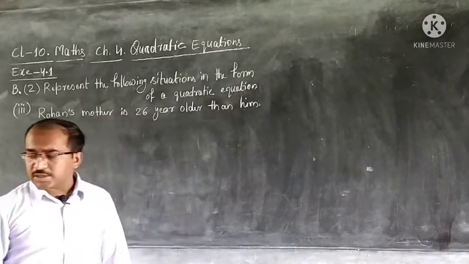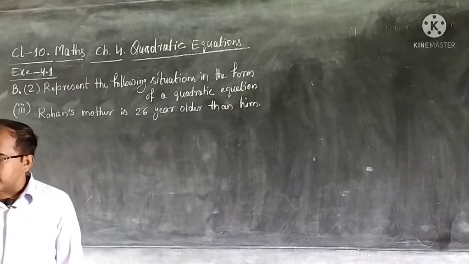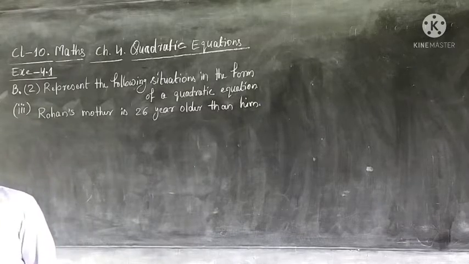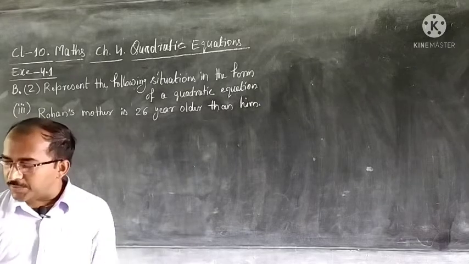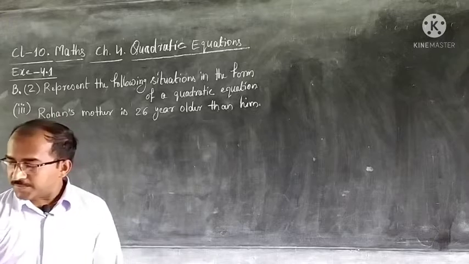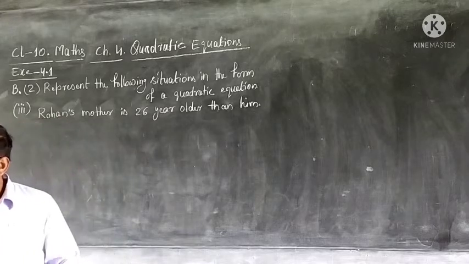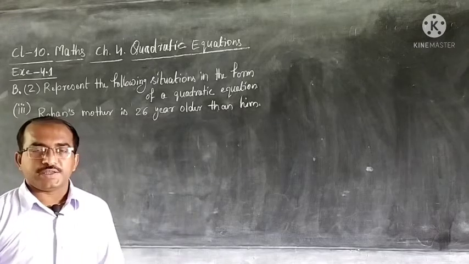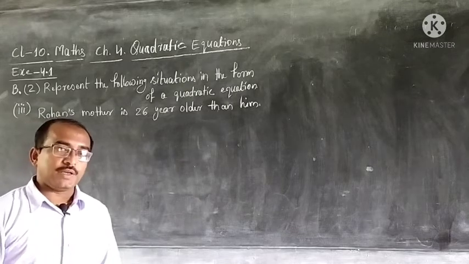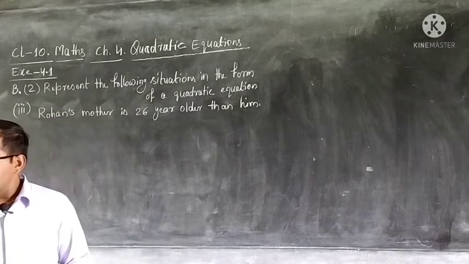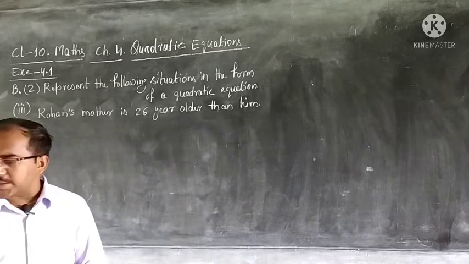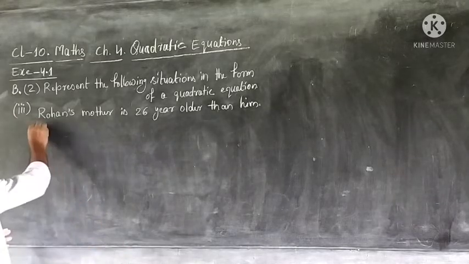Then next, what does the question say? The product of their ages 3 years from now will be 360. We would like to find Rohan's present age. The situation is again the product of their ages. Okay, let us go with that also.